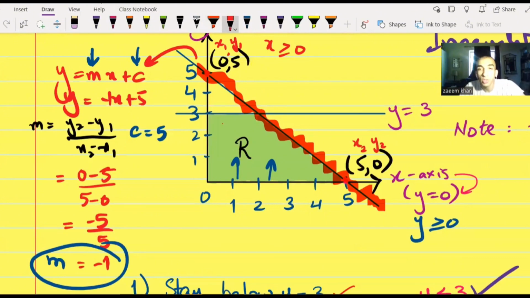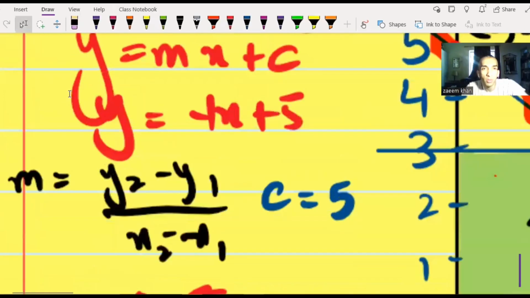If I were to ask you to define the region, which region do you need? Is it above this line or is it below this line? Below this line. So would we introduce a greater than sign instead of the is equal to sign, or would we introduce a less than sign? A less than sign. Take a close look over here.